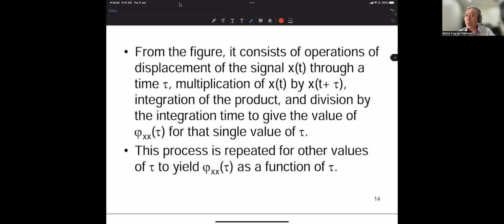So from the figure, it consists of the operation of displacement, or shift, of x(t) through a time tau, multiplication by x(t plus tau), and averaging, to give the value of the autocorrelation function for a single value of tau.